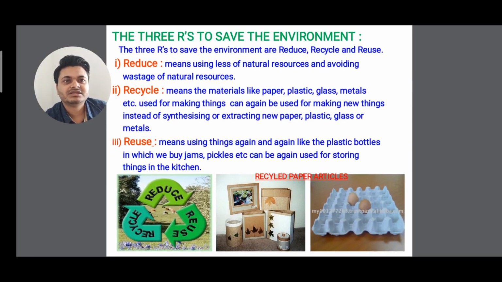Now, what are the 3 R's to save the environment? We have 3 R's to save the environment. The first R is reduce, the second R is recycle, and the third R is reuse. So what does reduce mean? Reduce means to reduce the consumption, using less of natural resources and avoiding wastage of natural resources.